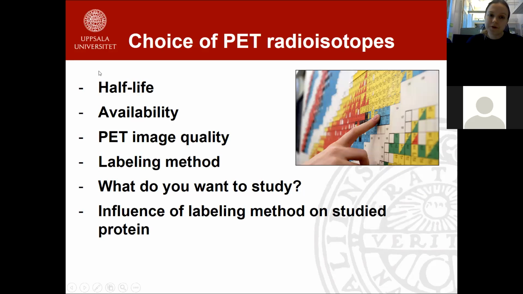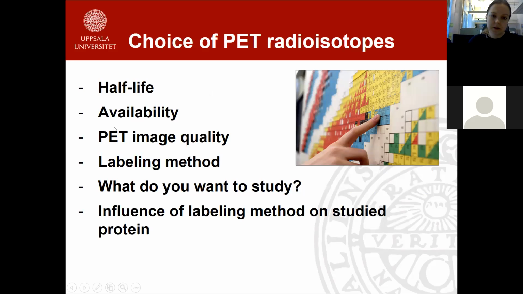So basically the first thing we should consider is the half-life of the radioisotope. There are isotopes with a short half-life and with a long half-life. And depending on what we want to study and depending on our molecule of interest, we can either choose a long-lived or a short-lived radionuclide.